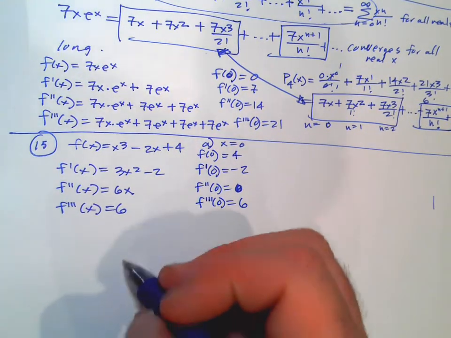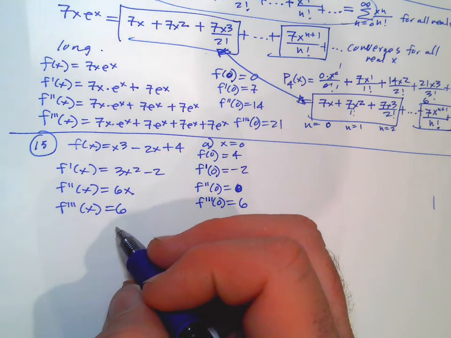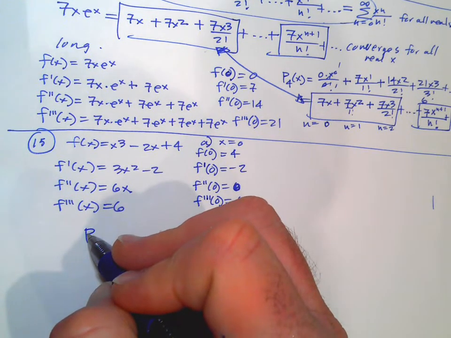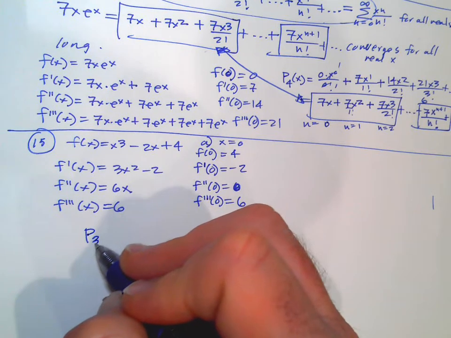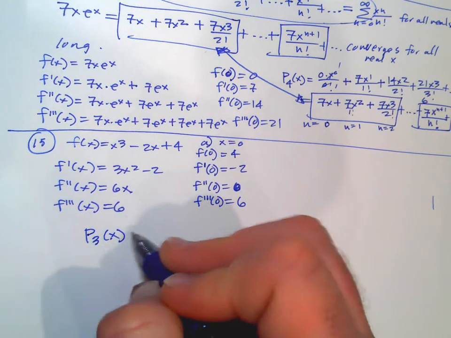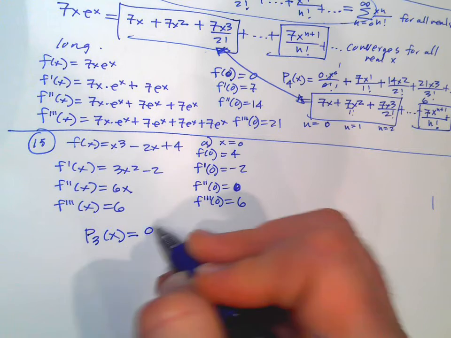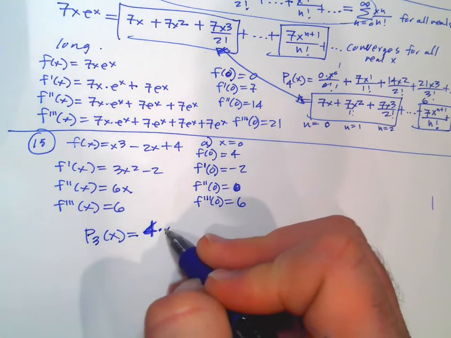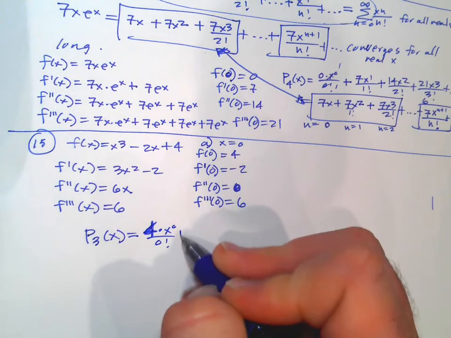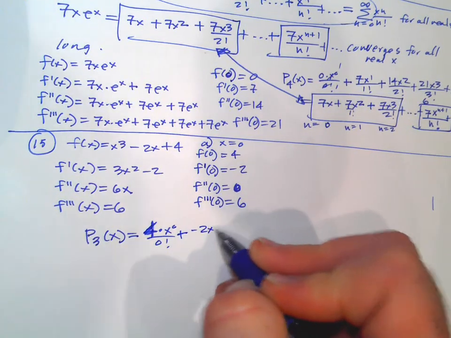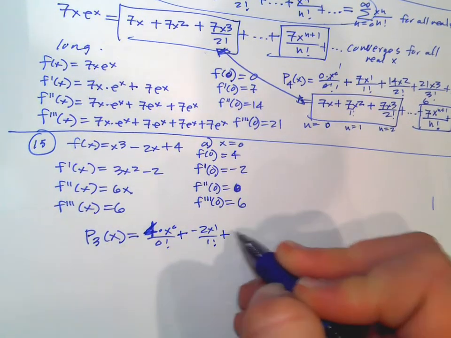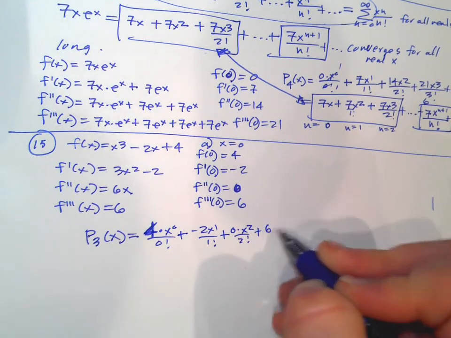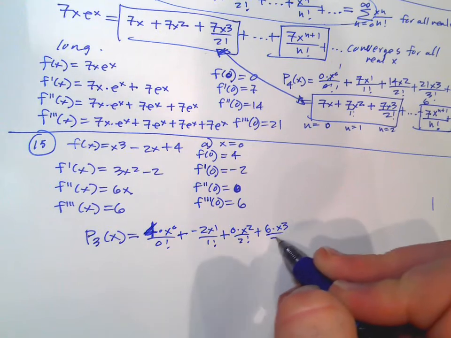So then we're looking for the third order Taylor polynomial, P sub 3. Plug the first value in: 4 times x to the 0th over 0 factorial plus negative 2 x to the first over 1 factorial plus 0 x squared over 2 factorial plus 6 x cubed over 3 factorial.